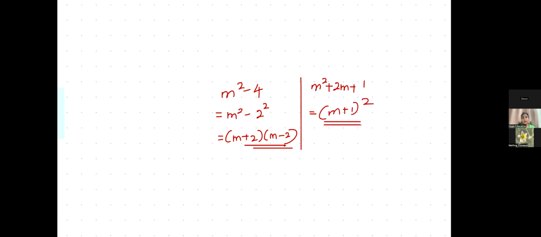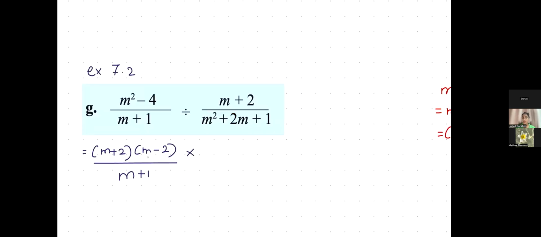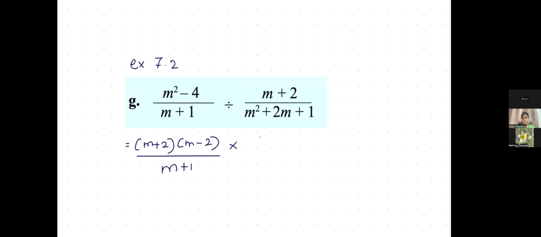Now the denominator goes to the numerator, m plus 1 squared. Then the m plus 2 in the numerator goes to the denominator. So m plus 2 cancels, and one m plus 1 cancels with the m plus 1 here.